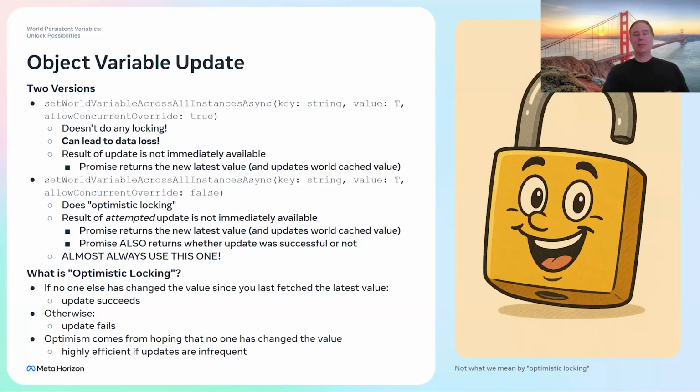So you just need to always check the promise that's returned when it's fulfilled for this version, the one with allow concurrent override of false, and check the success code. If the success code is false, it means it did not update. It does always return you the new value. So you'll learn what the current value is, but just know it's not your value. It refused to write your value. And then you're going to have to try again, and I'll show you an example of this on the next page.